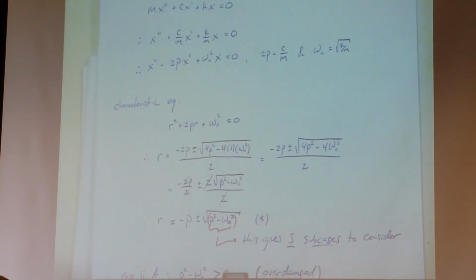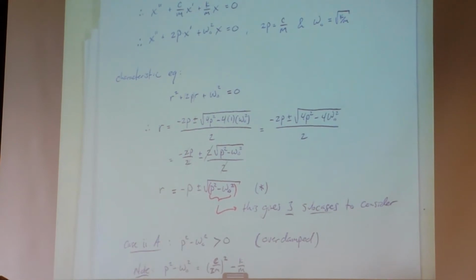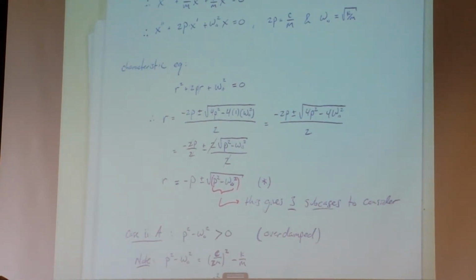It could be less than 0, or it could be equal to 0. Those are the only 3 possibilities. So we're just going to go right down the ladder. Let's take a look at when it's positive. That gives us the overdamped case. It corresponds to a great force from the dashpot, which slows down the oscillation. Well, really, there's no oscillation. It just goes right back to equilibrium.